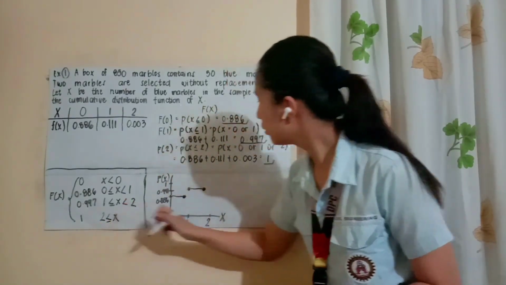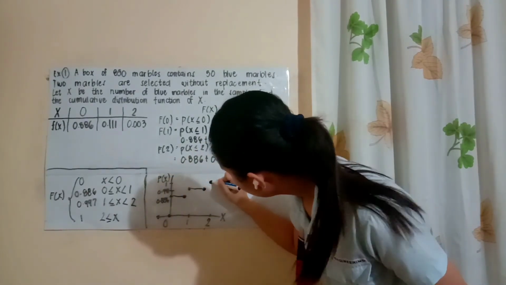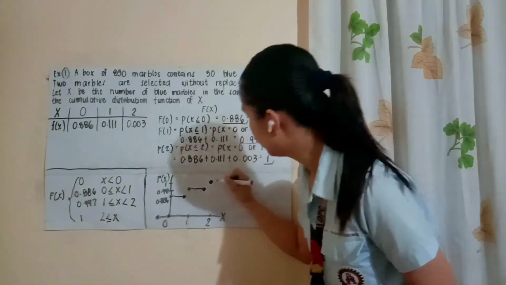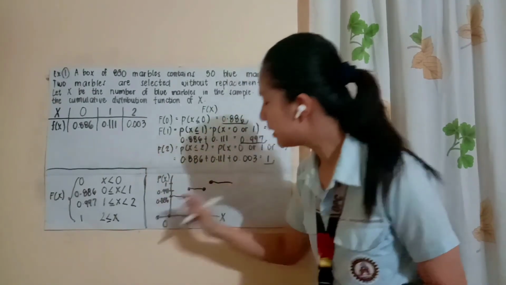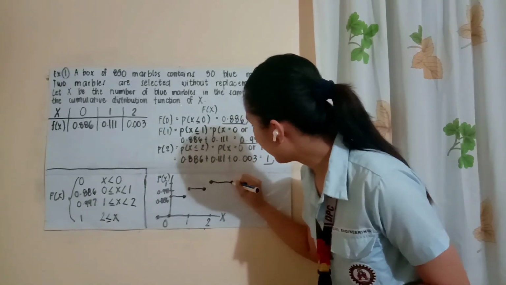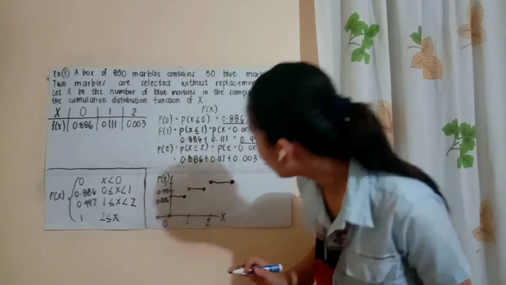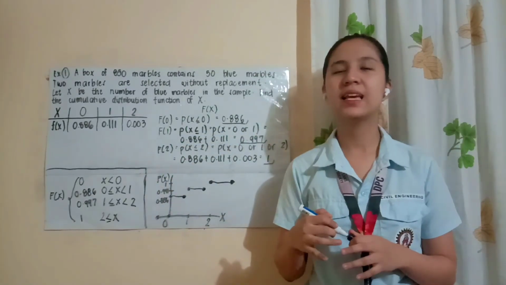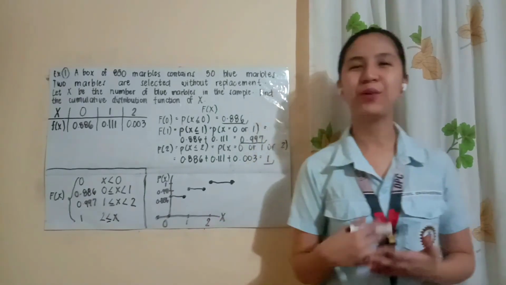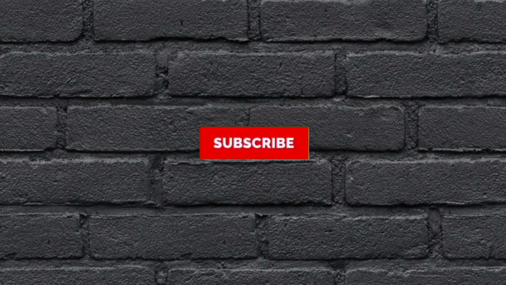So, mag-start siya kay 2, and then papunta kay x. Pero since mas malaki si x sa kanya, lalagpas tayo kay x. So, yan na yung magiging graph natin for this CDF. And that will be our answer for our example number 1.